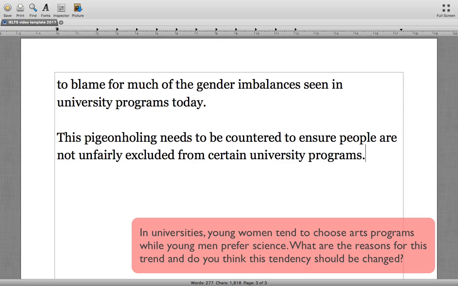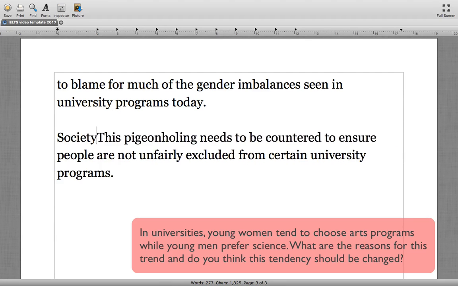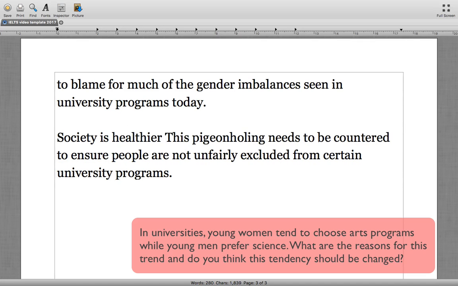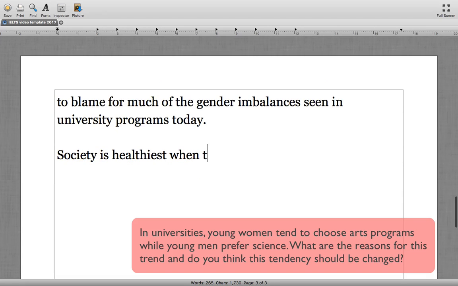Actually, we could simplify the idea more, because what we're getting at here is that society as a whole is better when people are allowed to pursue what they have natural interest in. So let me reword this here. Let's say society is healthiest when this pigeonholing is countered.